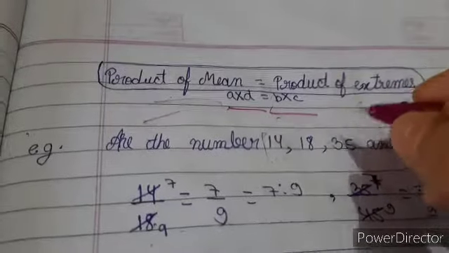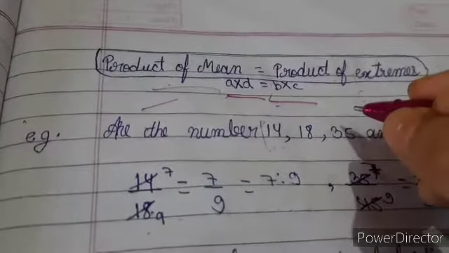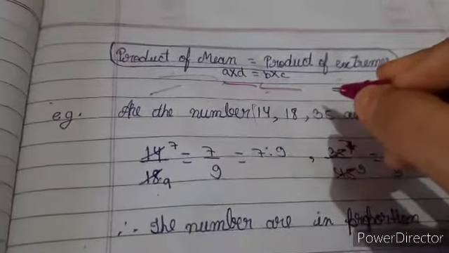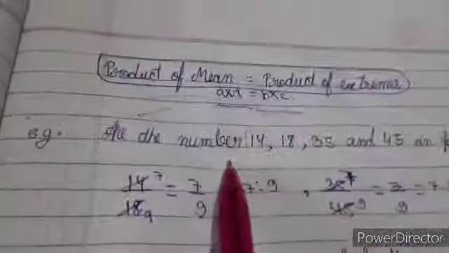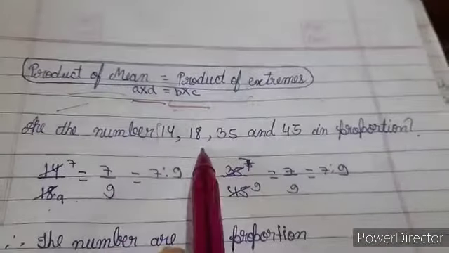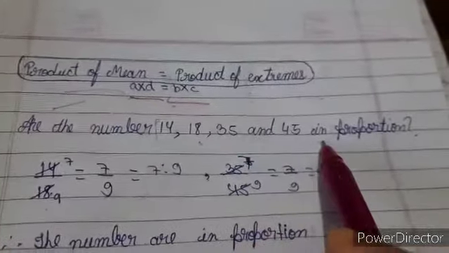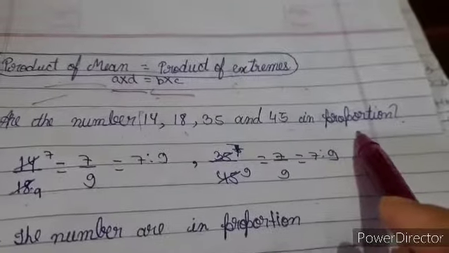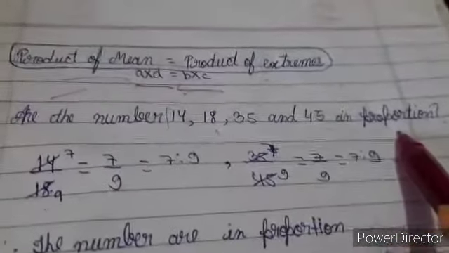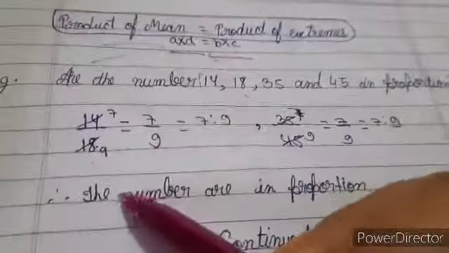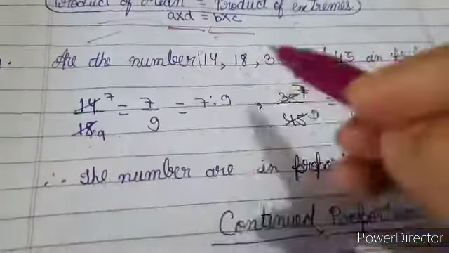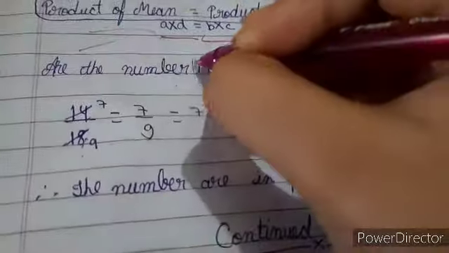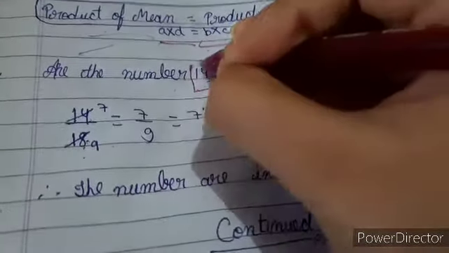Now let's do some examples. First example: are the numbers 14, 18, 35 and 45 in proportion? How will we calculate that? Now let's calculate 14 upon 18.